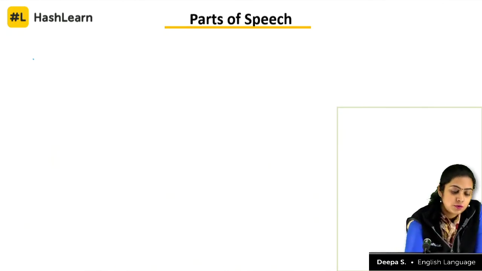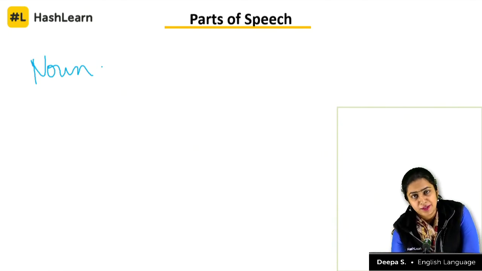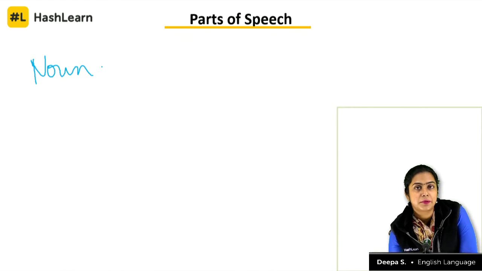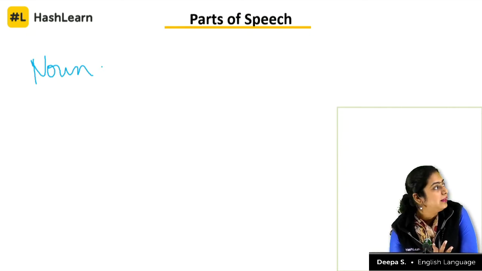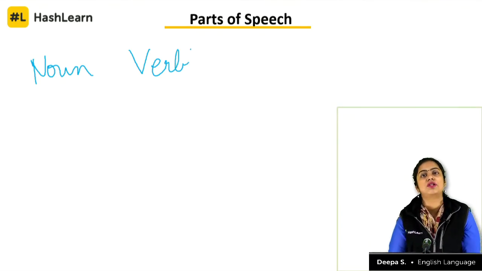So the noun is typically an object of some sort, sometimes a living person, sometimes you choose to capitalize it, it is a proper noun, or in other cases it's just a random ubiquitous object. A tree, leaf, a chair, table. Then verbs, as I said, are your action words.